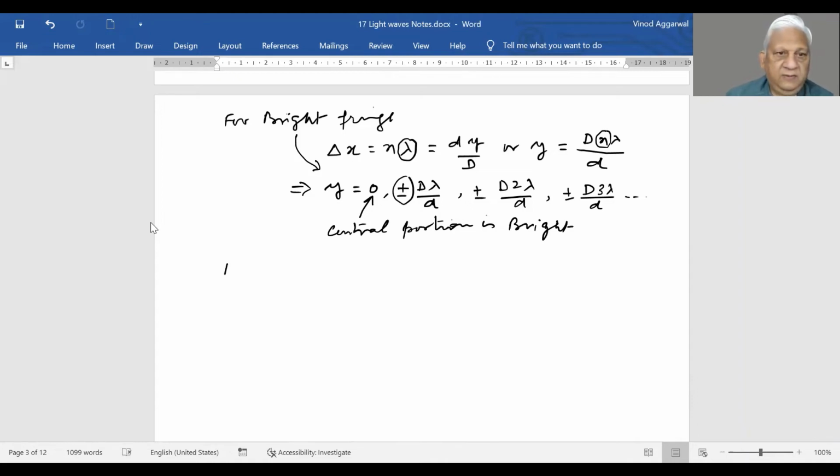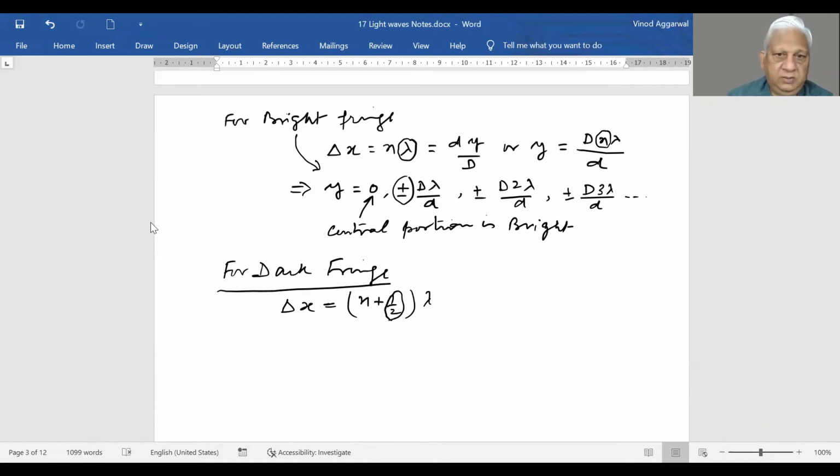Now what happens for dark fringe? Our delta x should be integral multiple of lambda plus half.